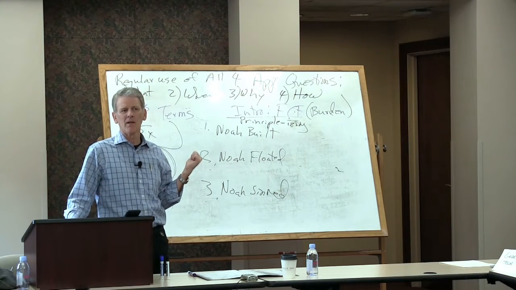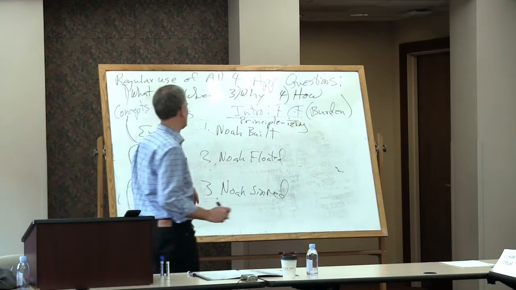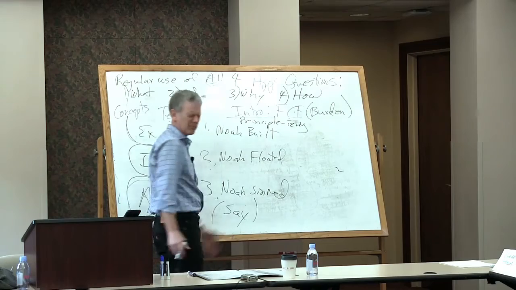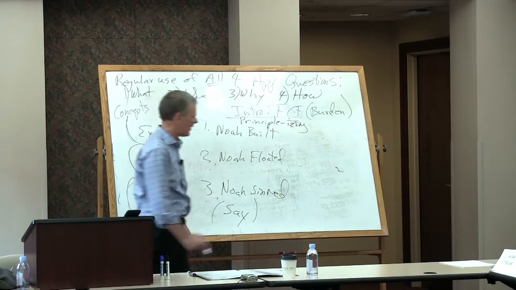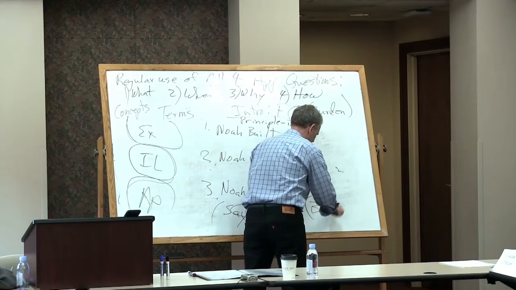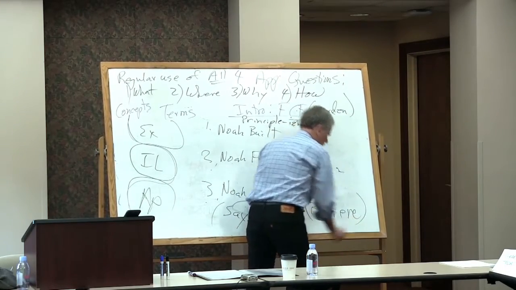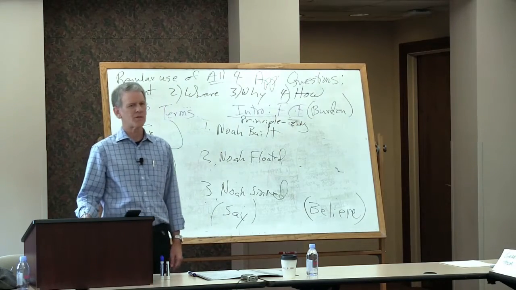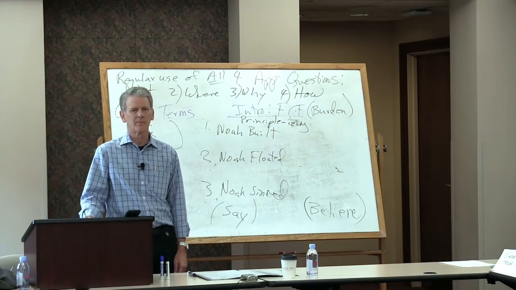Okay? In order to apply the text, we have to not only say, what does the text say? Important question, but far better to word main points to say, what does God want me to believe? What does God want me to believe?